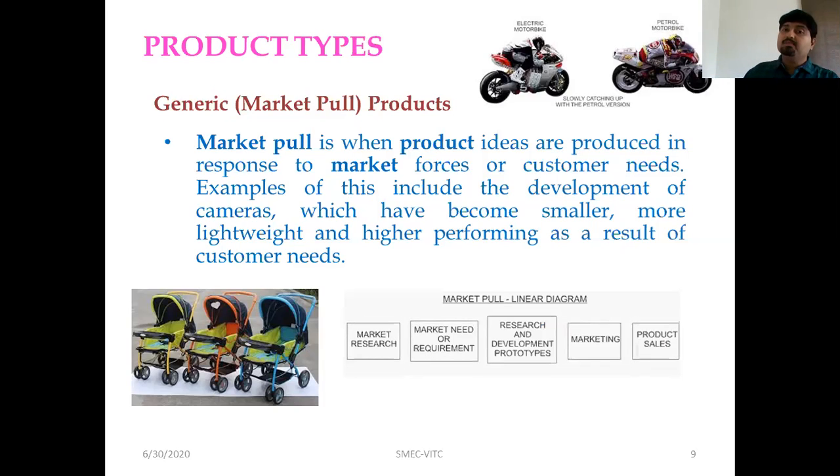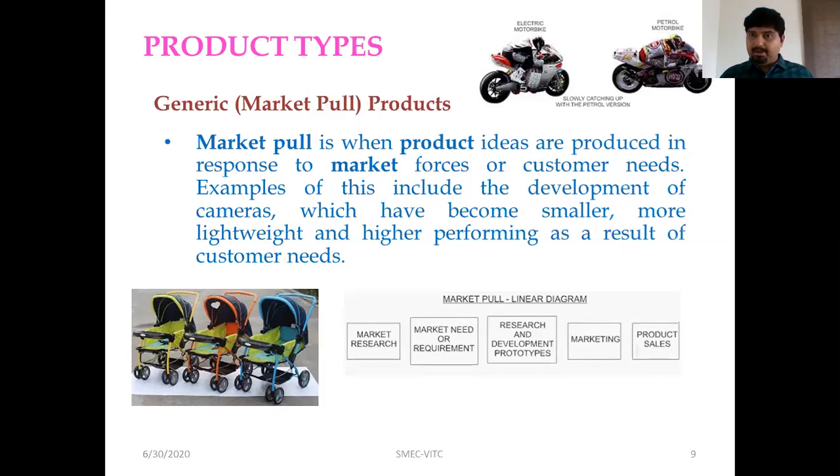So this market pull is when product ideas are produced in response to market forces and customer needs. An example is the development of cameras, which have become smaller, more lightweight and high performing as a result of customer needs.